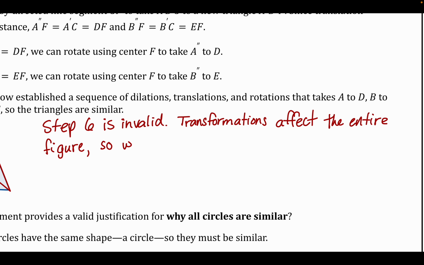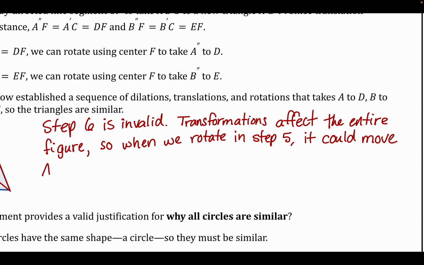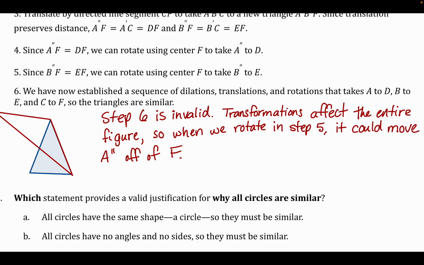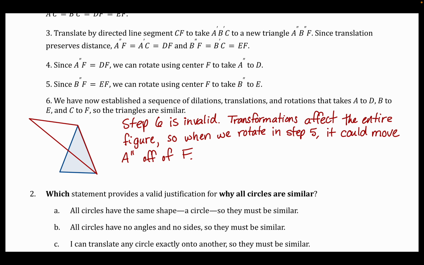So when we rotate in step 5, it could move A double prime off of F. Because that's really the whole point: once we do that rotation, if we do another rotation, it's going to move the whole shape and they might not line up. So that's my explanation there.